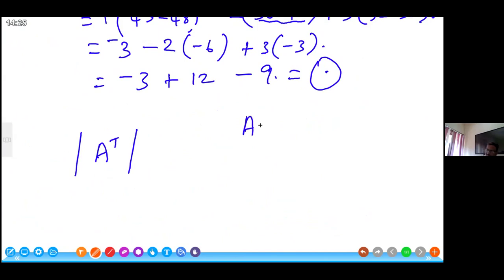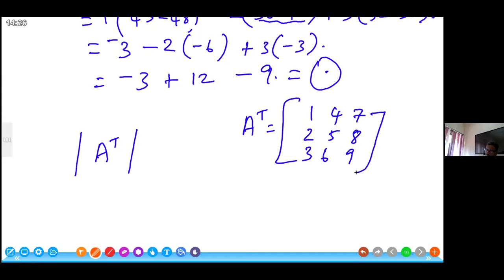What is the transpose of the given matrix? 1, 2, 3, 4, 5, 6, 7, 8, 9. That is the transpose of the matrix. Can you find out?